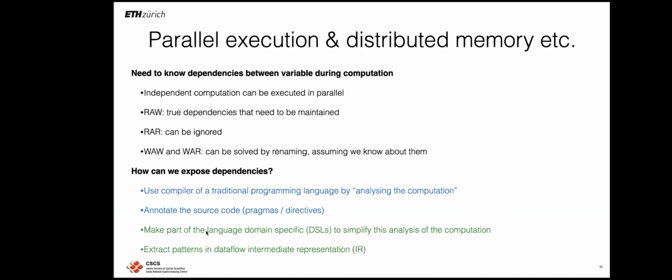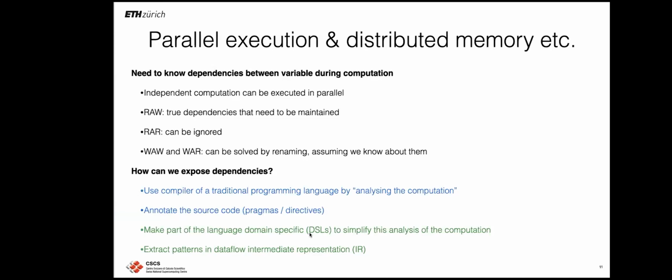Now there are other approaches that I would like to suggest, and one that I've mentioned is the use of domain-specific languages, where you can put some of this domain knowledge about how data is used and how it should be placed into the programming language, and that can simplify this analysis of the computation.